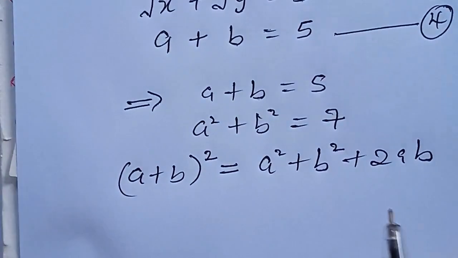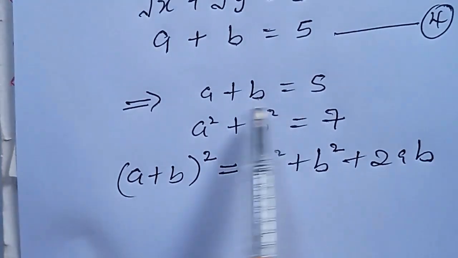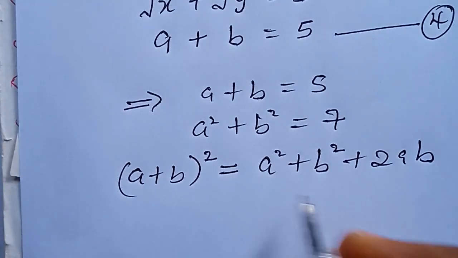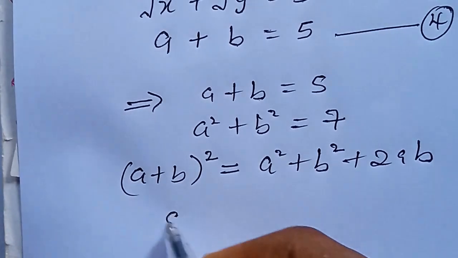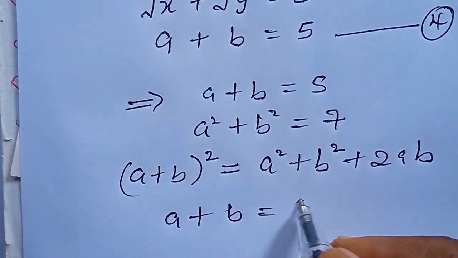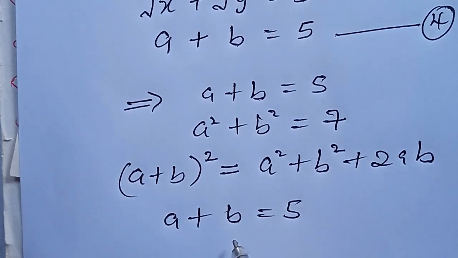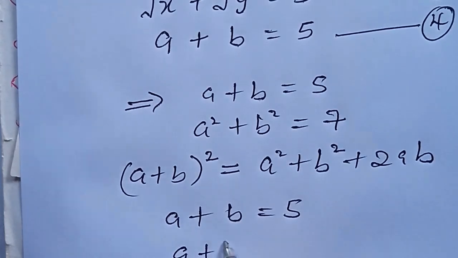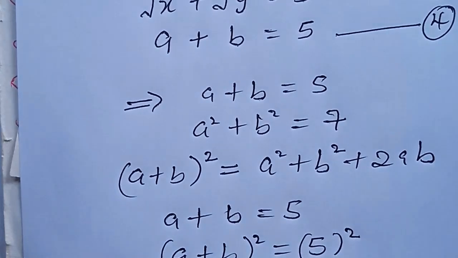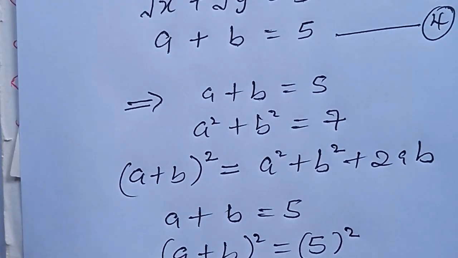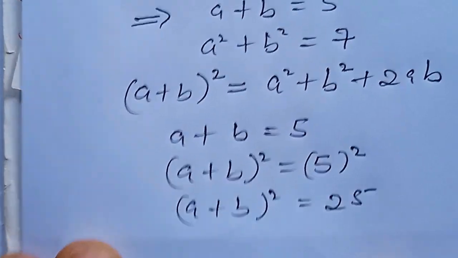Now we make use of this identity for equation 4. From equation 4, a plus b equal to 5. If we square both sides, we have (a plus b) squared equal to 5 squared, which gives us (a plus b) squared equal to 25.